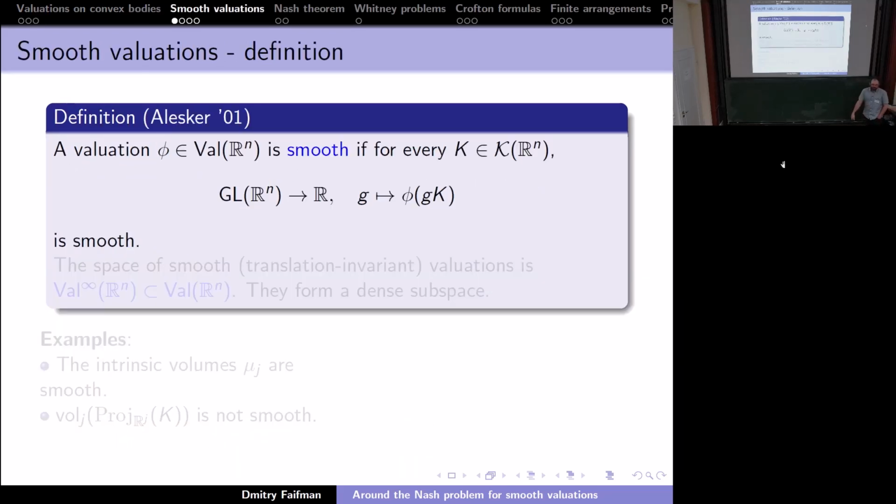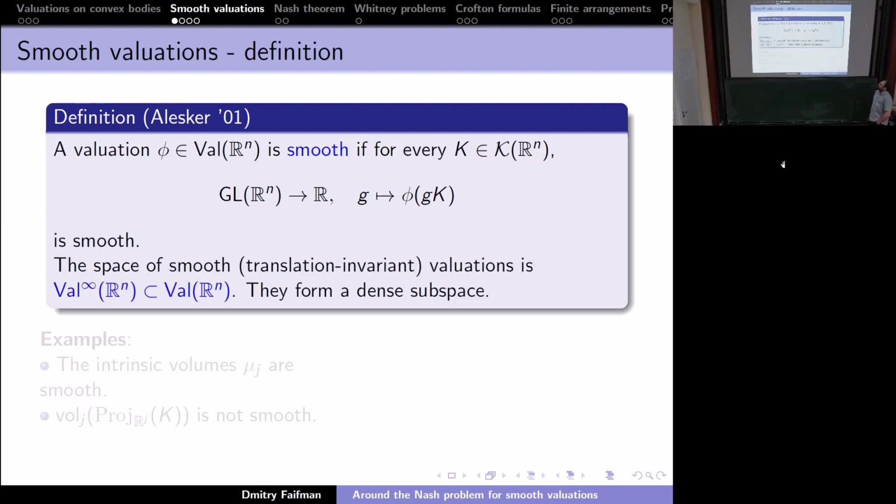And particularly, we will preoccupy ourselves with smooth valuations. What are smooth valuations? They were introduced by Alesker 40 years ago. That's a valuation such that if you look at this orbit map, the one that to a linear transformation assigns this valuation, composing with this map is smooth.